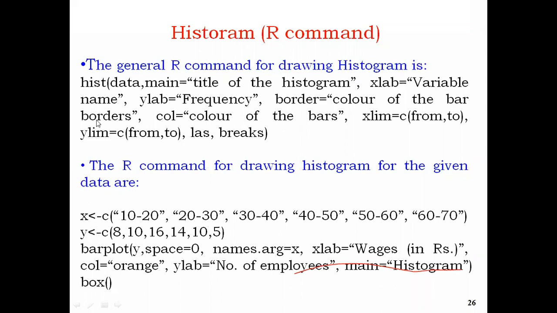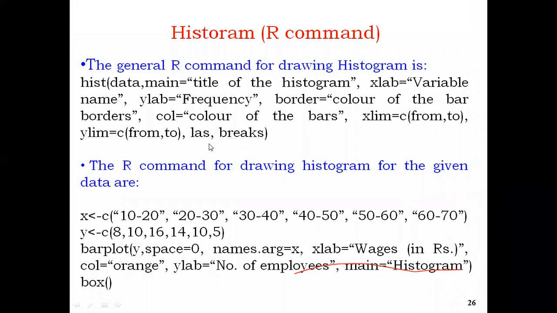You give the labels of X and Y by yourself, then border, the color of the bar borders, then col, the color of the bars, then xlim, the limits from and to, and ylim, also from and to, then las, then breaks.